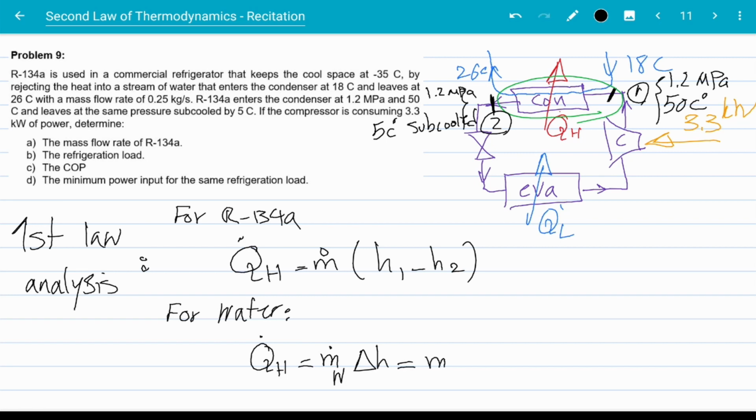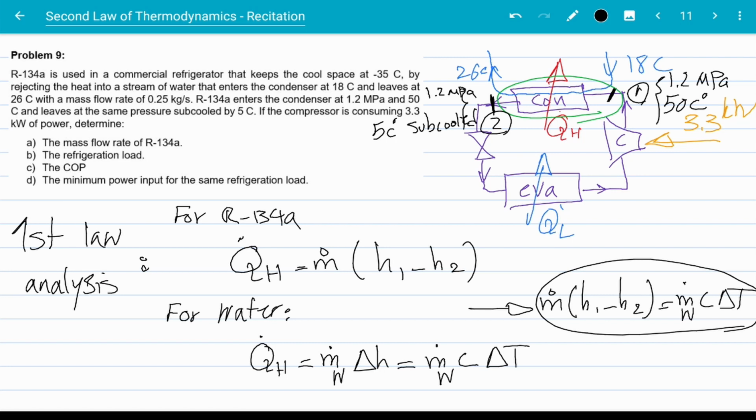So m dot of the water stream times C of water times delta T. Now, inside the heat exchanger, there is only these two streams, and whatever heat one of them is losing is equal to the heat the other one is gaining. So m dot of the refrigerant, H1 minus H2 of the refrigerant, is equal to m dot of the water stream, C of the water, delta T of the water.